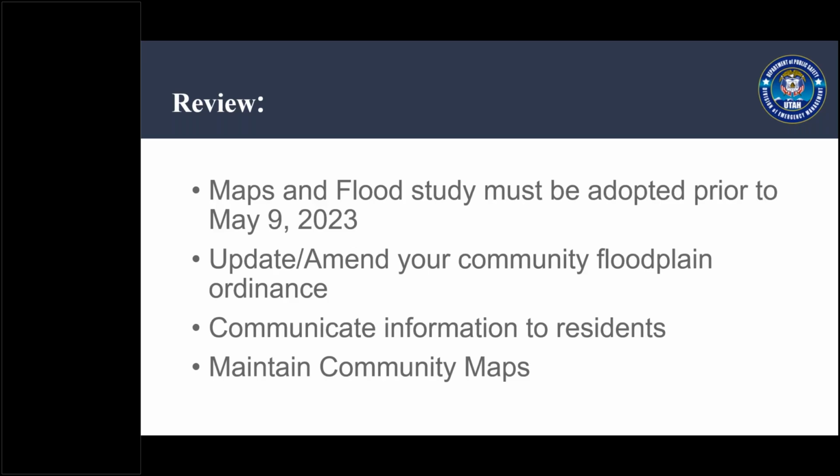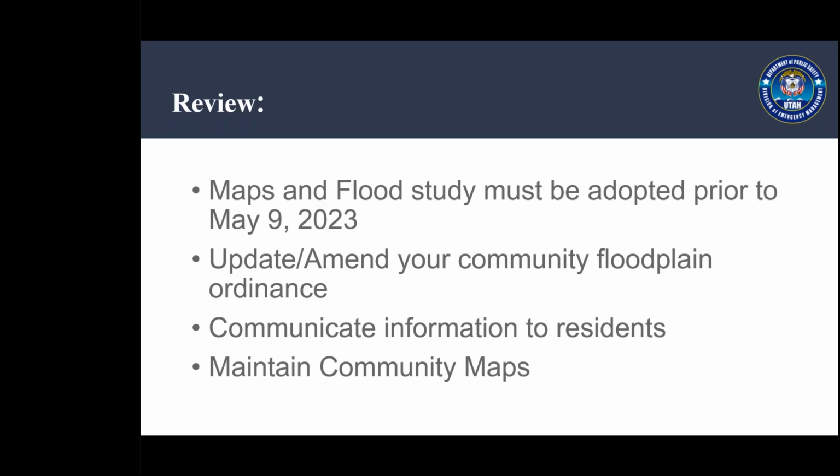So when you're thinking about this and the timing, you need to build in extra time to get your maps and ordinances updated and adopted. Some communities have a 30-day public notice period required by your community leaders for any ordinance updates. So planning for this and any community council meetings needs to be taken into consideration on your timing.